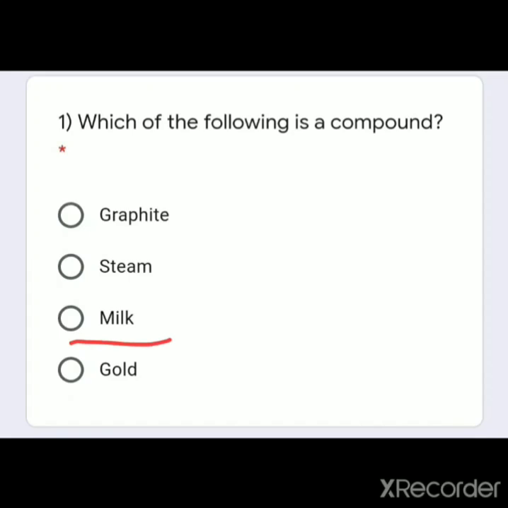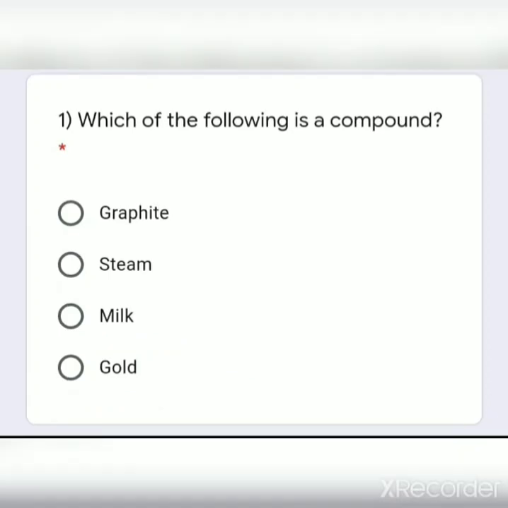It's not a compound, it's a mixture, because it is made up of 2 or more components, like water, fat content, and protein content. So it cannot be called a compound. It is a mixture. Gold is an atom, which is not a compound. From this, it is clear that steam is the correct option. That is a compound.